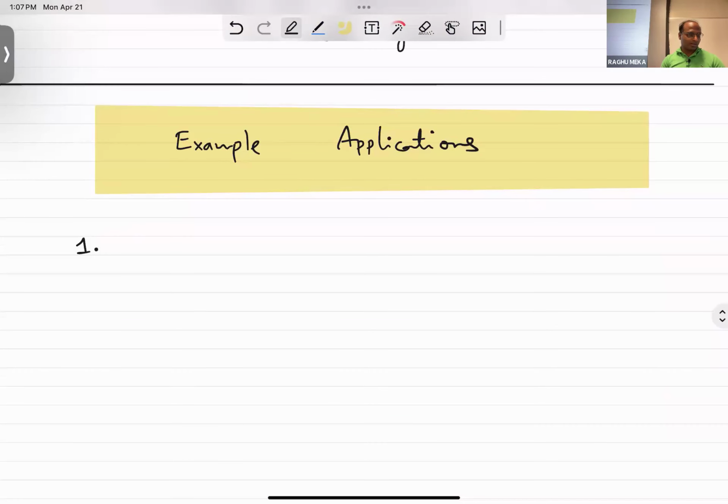Can you think of some example applications where it might be useful? This particular framework. Any guesses? Well, one thing I already mentioned, so I'm just going to do it, is dynamic traffic. Right?